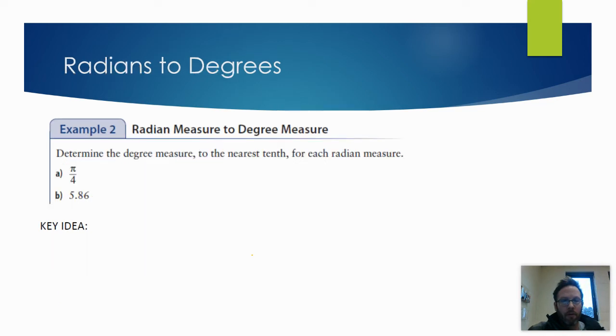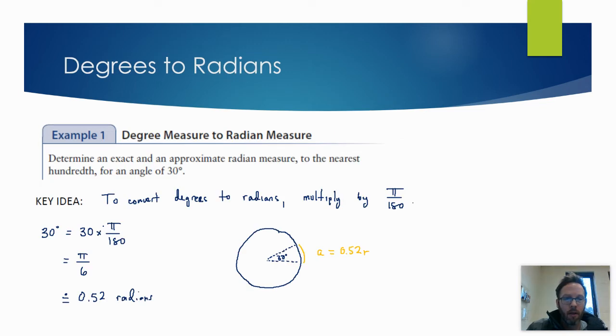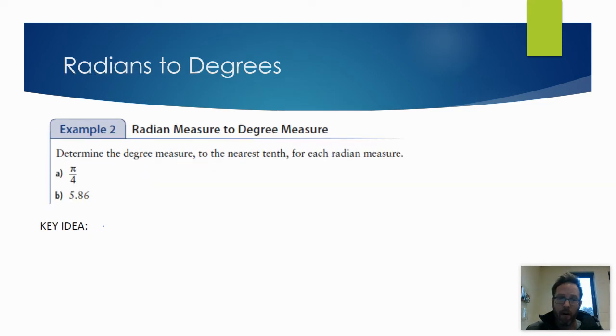All right, let's work backwards. Here are some angle measures in radians, one in exact form and one in approximate form. Let's find out what they are in degrees. The key idea is very similar to the previous one. To convert degrees to radians, we multiply by pi over 180. To go from radians to degrees, we flip that: 180 over pi.